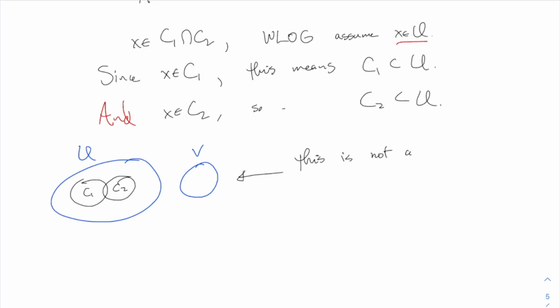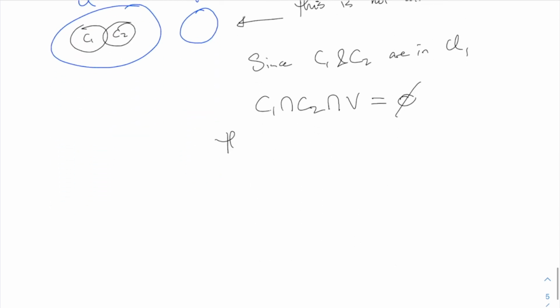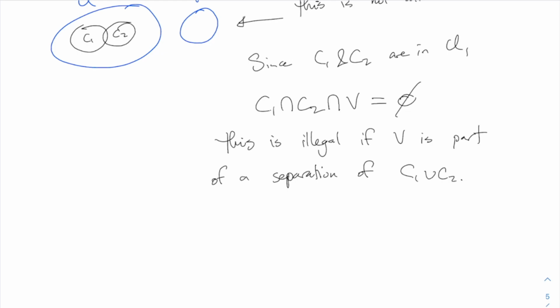Really, technically, what we've shown, since C1 and C2 are in U, is that C1 intersect C2 intersect V is empty. And that's not allowed for V being part of a separation of C1 union C2.